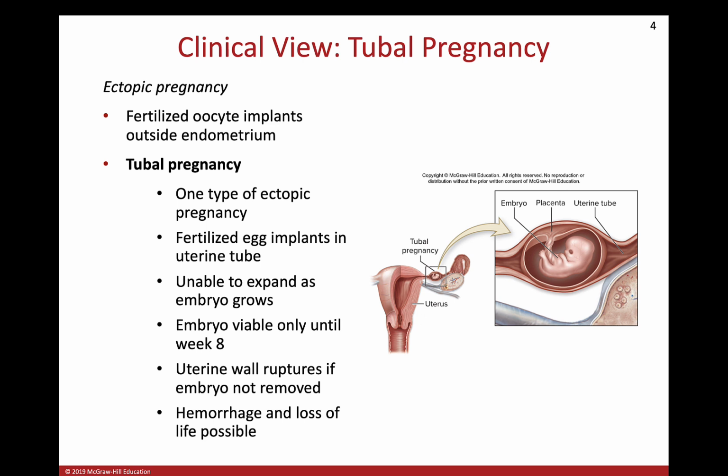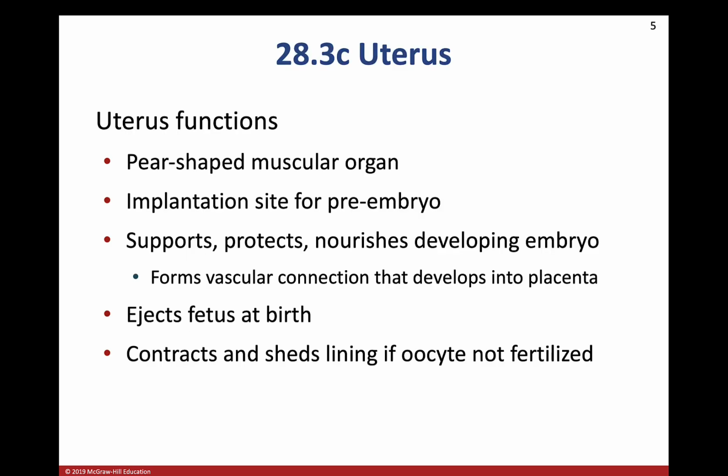The tube is unable to expand as the embryo grows. In this situation, the embryo is typically only viable until week 8. The uterine wall will rupture if the embryo is not removed, and we are now looking at significant hemorrhage, and loss of life is possible in this situation.